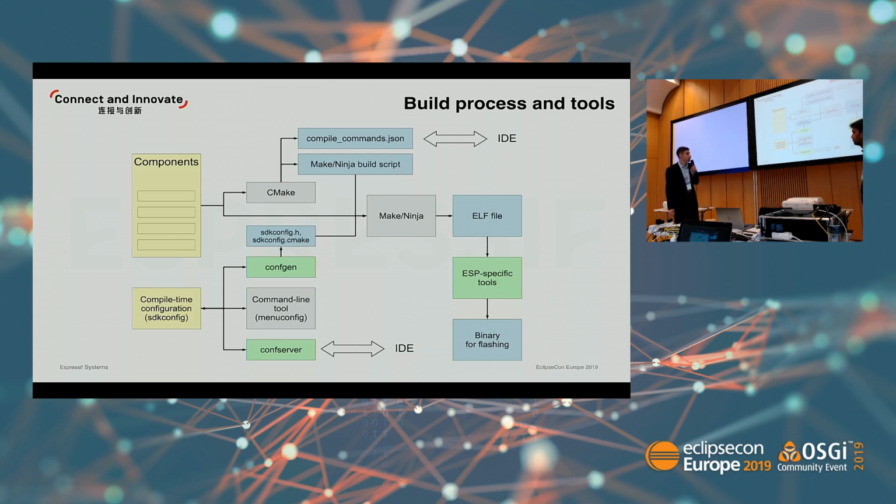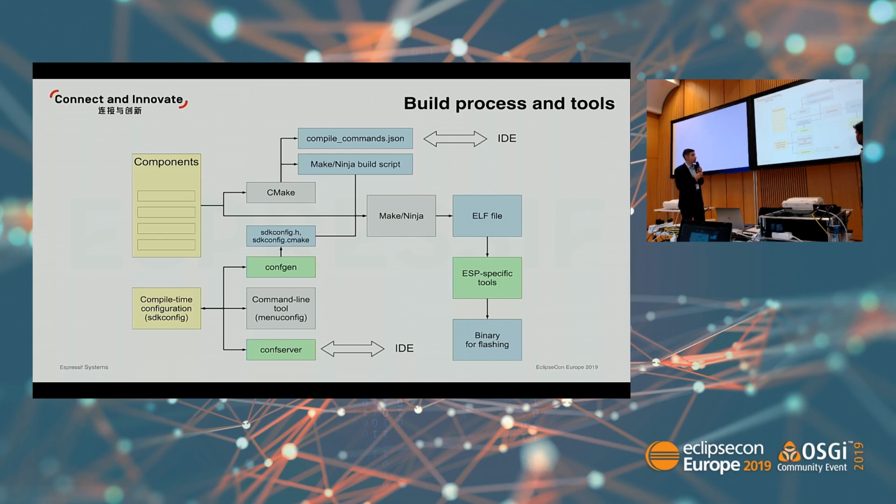The bottom part is related to configuration, so we use Kconfig, and a few tools which help us interact with it. There is a command line menuconfig, the same blue screen you have in Linux make menuconfig. We also have something called confserver, a server which knows all the logic of Kconfig and interacts with the IDE, which provides the presentation of this configuration menu.